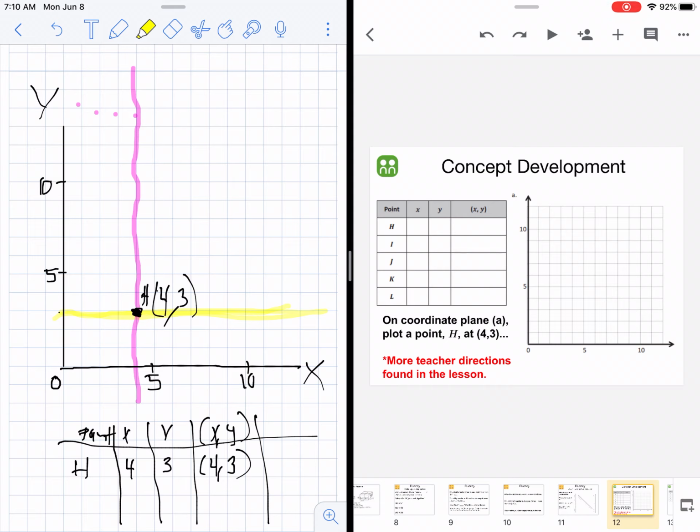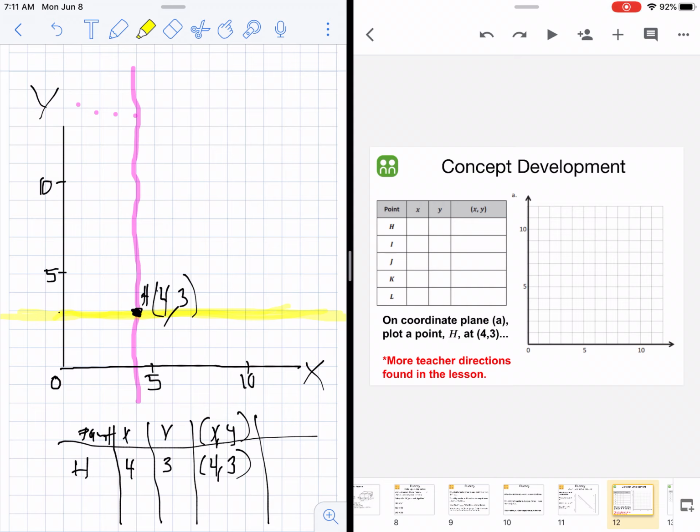Again, that means it's going to be on this line. So on that yellow line, that's 3 units from the x-axis.